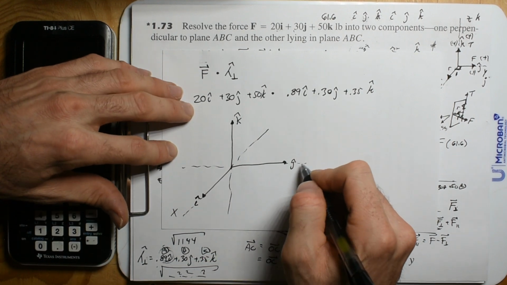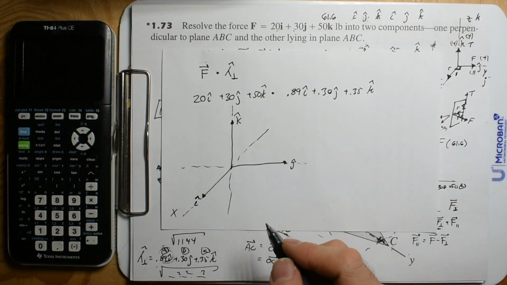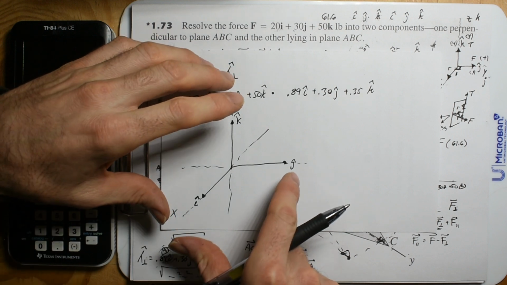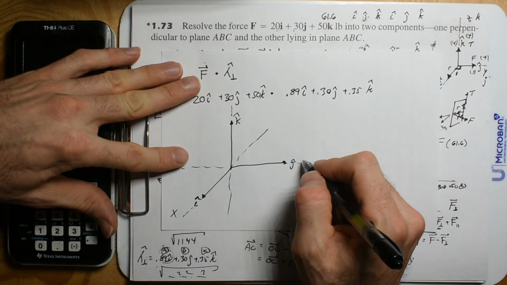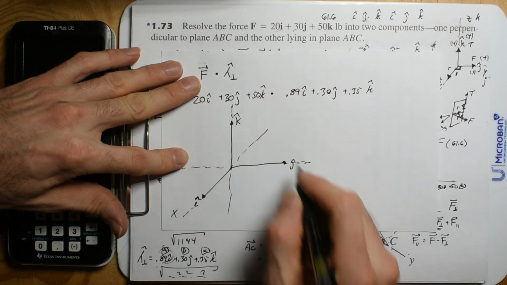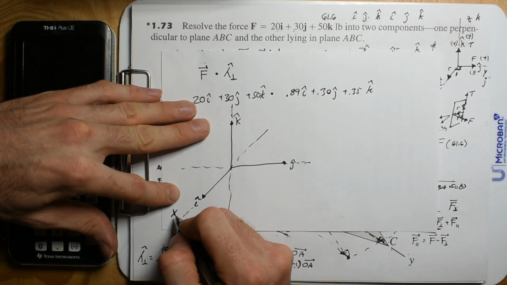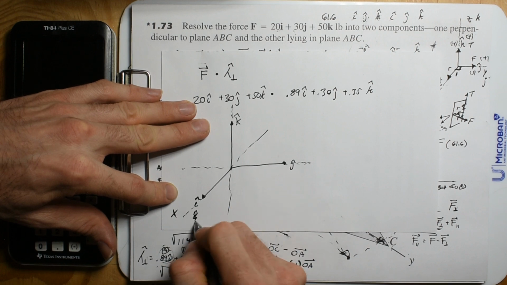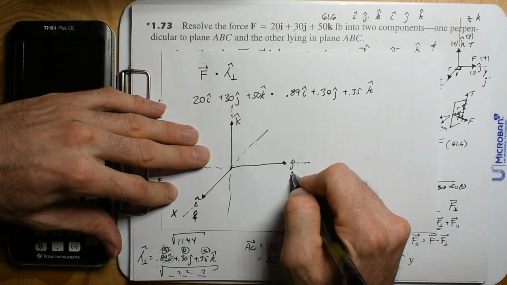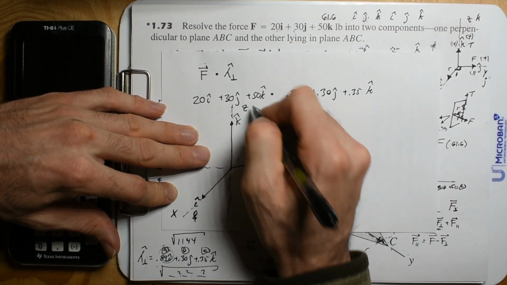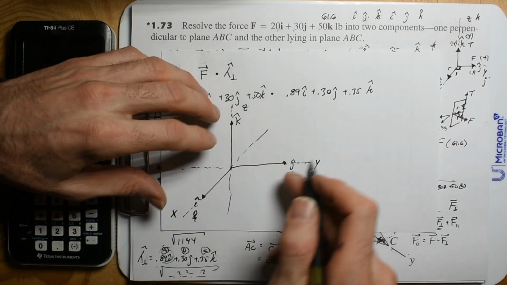For the life of me, I feel like that's why I graduated without knowing what a unit vector was. You might as well just call this x hat, and why not call this y hat? Anyway, this is the y direction, z direction, x direction. Here are our unit vectors.